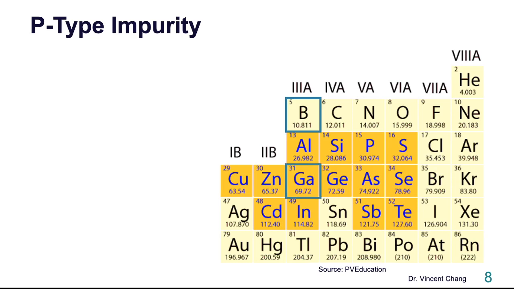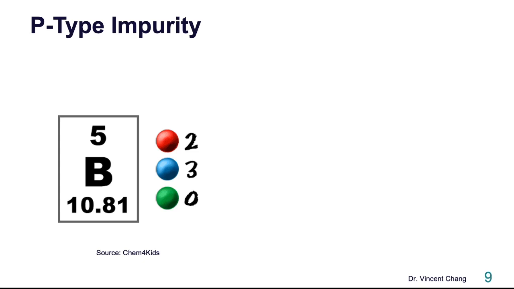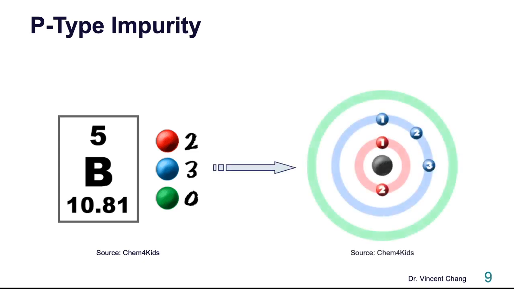All right? So boron and gallium. If it's boron, 2 plus 3, the atomic number is 5. So what does the 3 mean? The outer orbit carries the valence orbitals. There are 3 valence electrons sitting in the valence orbital.